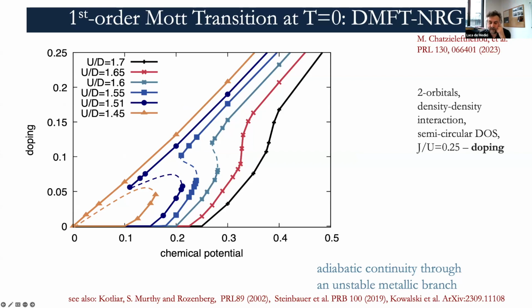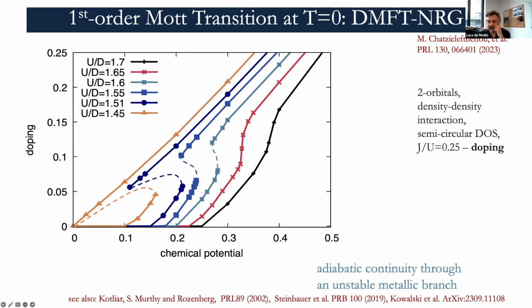sigmoidal shape actually unfolds more and more until, for some larger U, the dependence of doping on the chemical potential becomes monotonic again, and then you recover a normal metallic solution for the whole range.